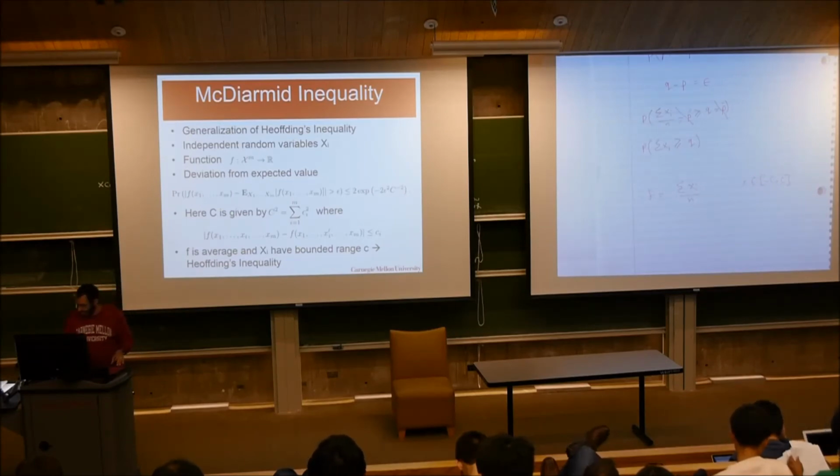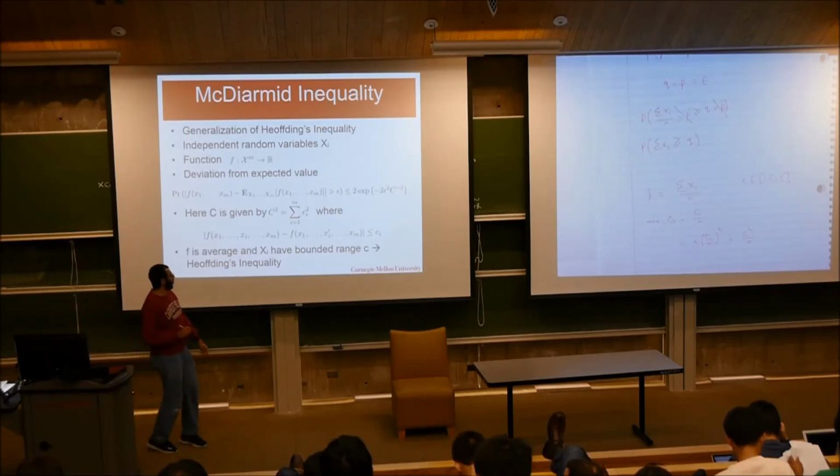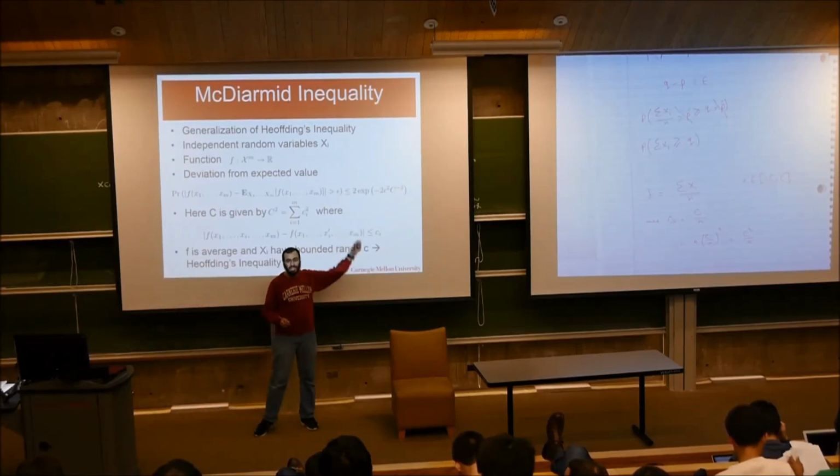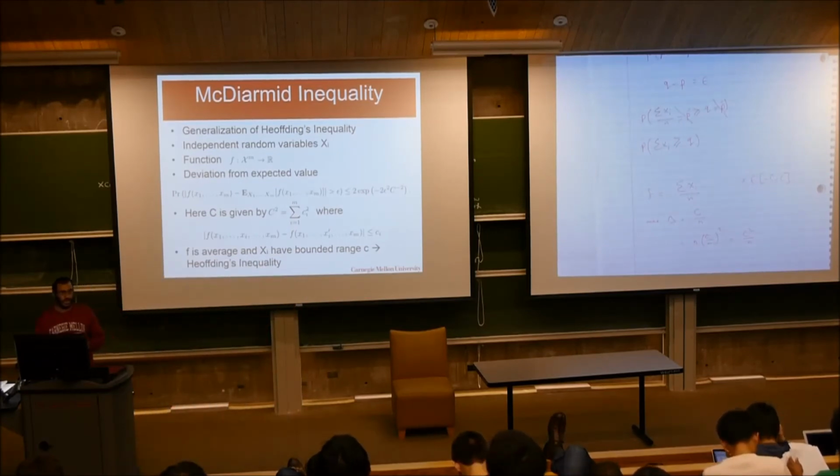C over m, right? So the maximum change is just C over m. And so if we sum the squares, we get m times C over m squared, which is equal to C squared over m. You just substitute that here, and you get Hoeffding's inequality back. Okay?